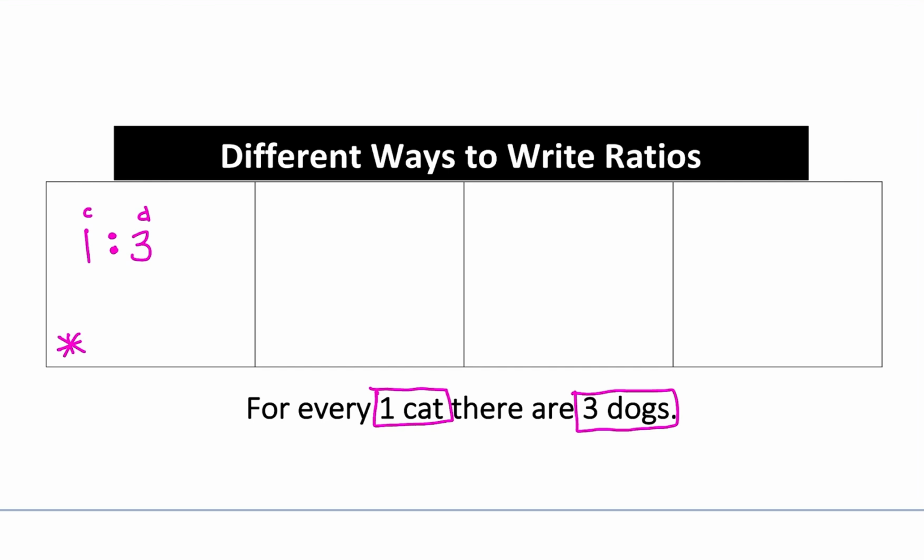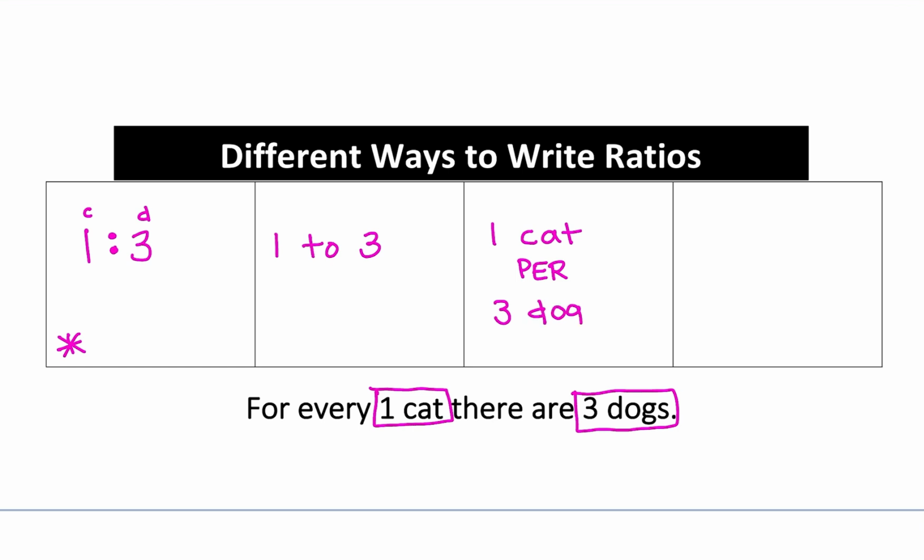You could also see it with the word to in the middle. So 1 cat to 3 dogs. Okay, you could also see it with the word per. So you could see 1 cat per 3 dogs.